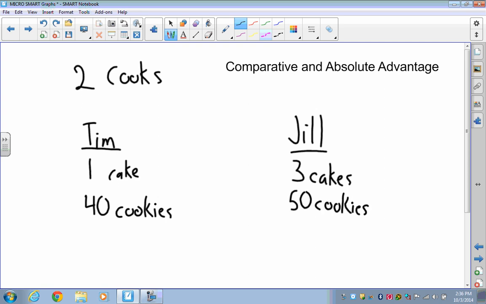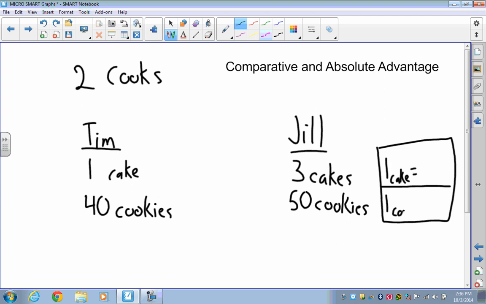Now, really quick, I want you to be able to calculate what is the opportunity cost for Tim to produce a cake or a cookie. What is the price of 1 cake or 1 cookie? And on the opposite side, you have Jill. What is the price of 1 cake and 1 cookie? Go ahead and go to here. So say 1 cake equals, and then 1 cookie equals.